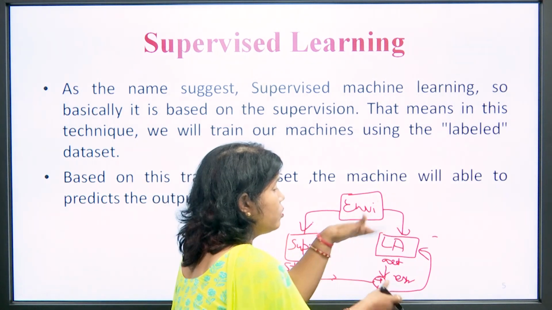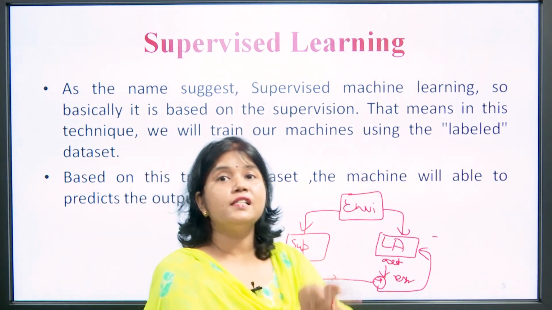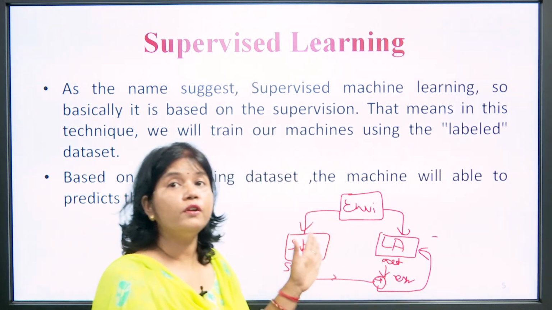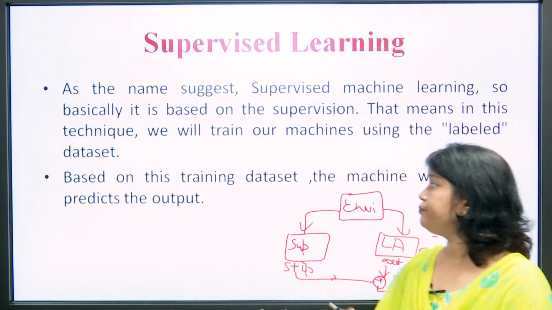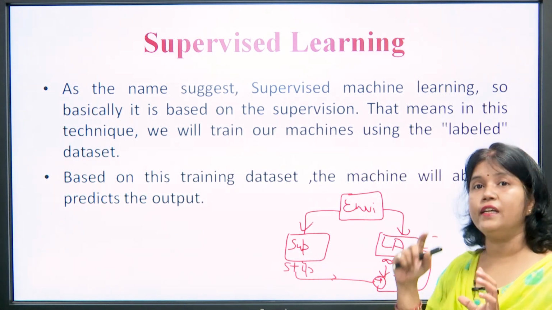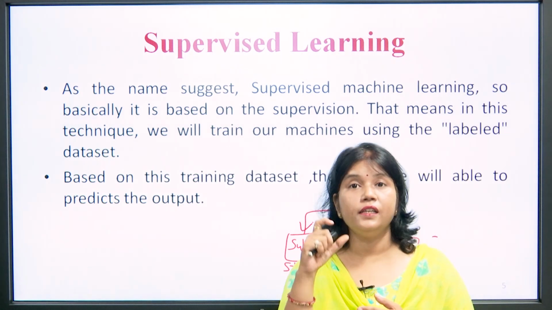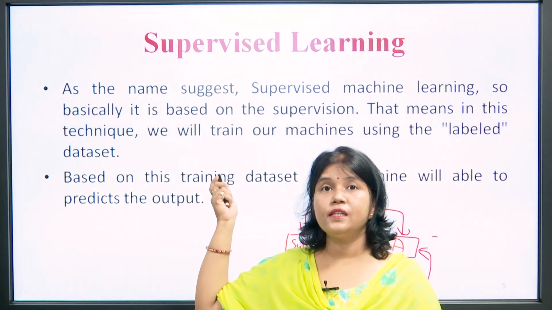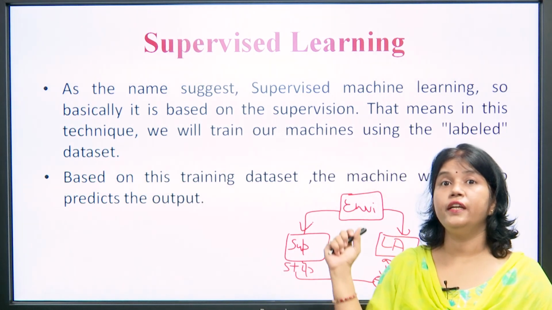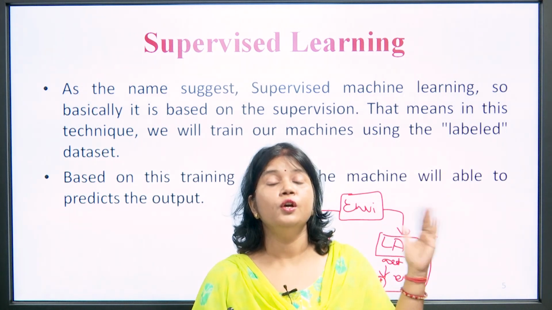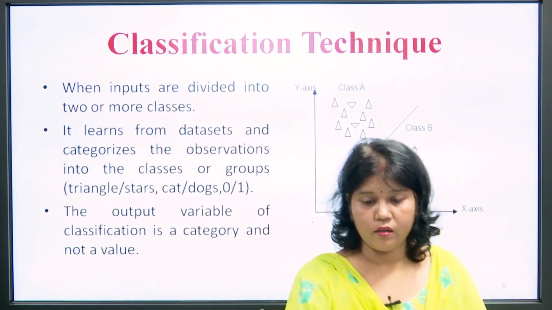This whole process is supervised learning; it all happens under supervision. Supervision basically means labeled data, pre-decided data on which you have to work. In supervised learning, based on the training data set, the machine will be able to predict the output on that basis.